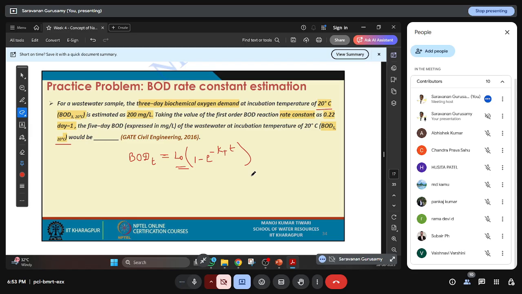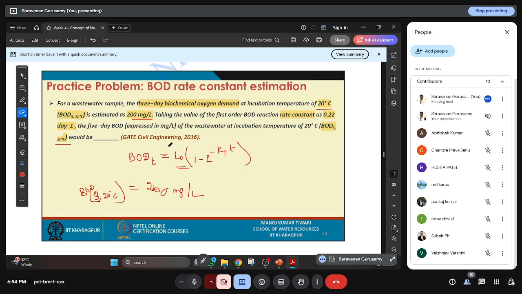Let me go faster. For a wastewater sample, the 3-day BOD at 20 degrees was given as 200 milligram per liter. How to write this? BOD, comma, 3 days at 20 degrees Celsius. So this is the way of writing: equal to 200 milligram per liter is given.